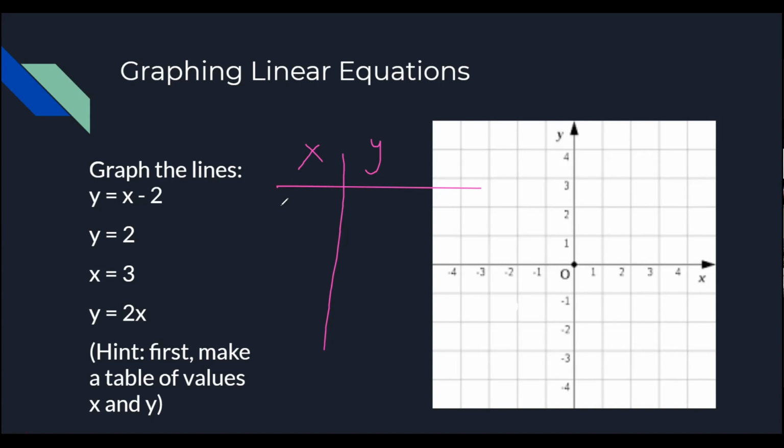When x equals 3, y can be anything, right? For example, y can equal -1, 0, 1, or 2. And those are the points (3, -1), (3, 0), (3, 1), (3, 2). y can equal anything. And that's why this entire line is x equals 3. Does that make sense to you now?